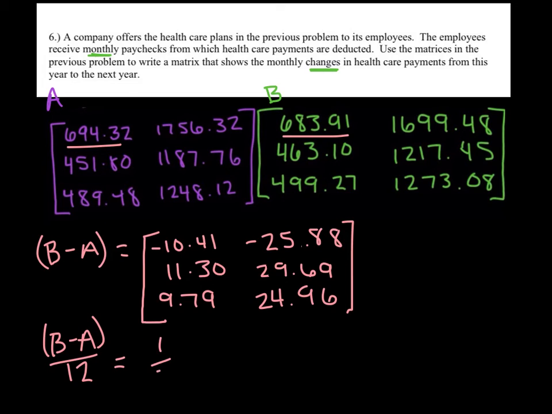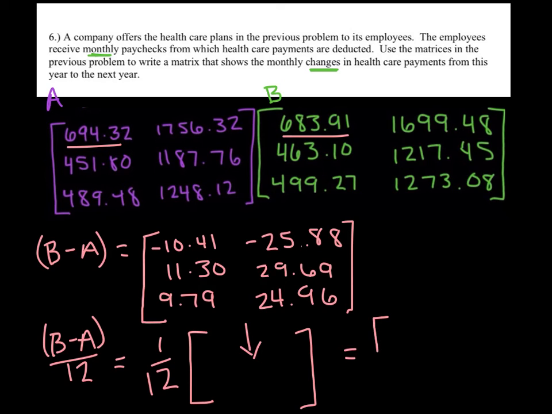So we're going to take 1/12 times that matrix from above. I'm just simply writing an arrow because I'm running out of room. But we're going to take each individual entry and multiply it by 1/12. So what you end up with is the monthly difference instead of the annual difference.